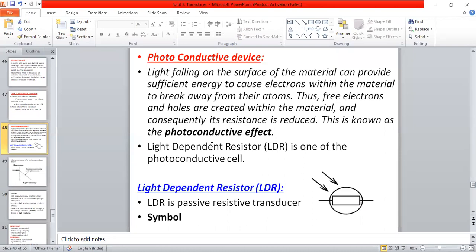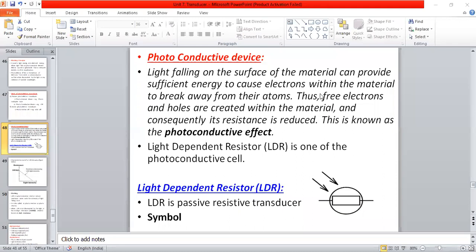The electrons gain sufficient energy and break away from their atoms, and thus they become free electrons.